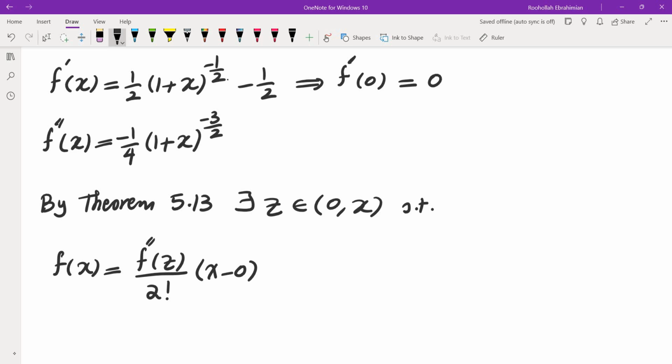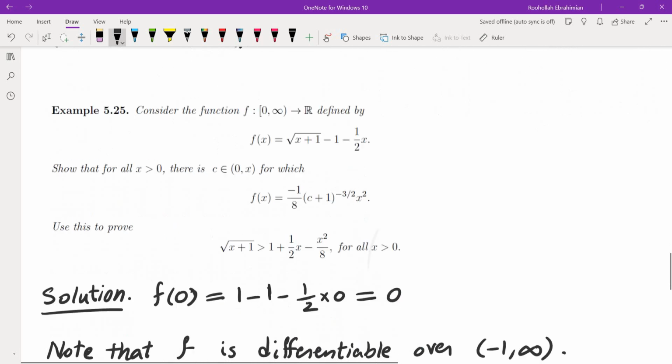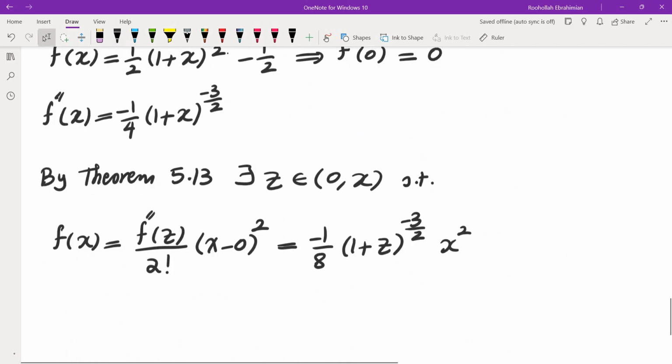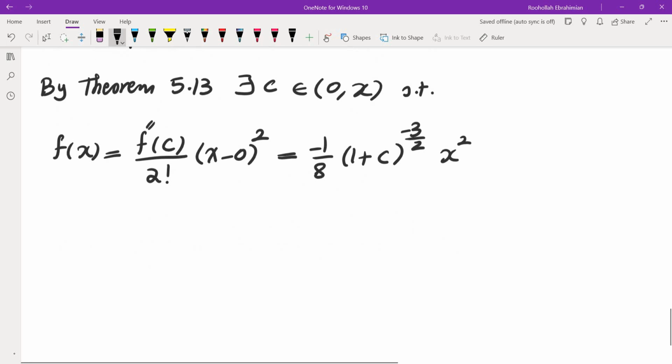So x naught is 0 here. And that's exactly negative 1/8 times (1 plus z) to the power of negative 3/2 times x squared. And that's exactly what we have here. So perhaps I'll change z to c to match what was given, although it doesn't really matter. Okay, so this tells us that f of x is equal to that.